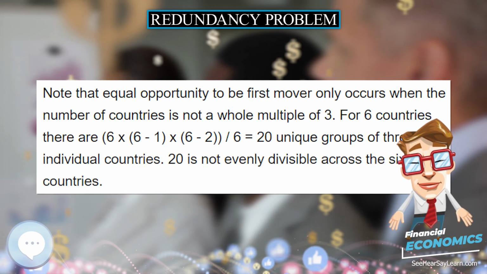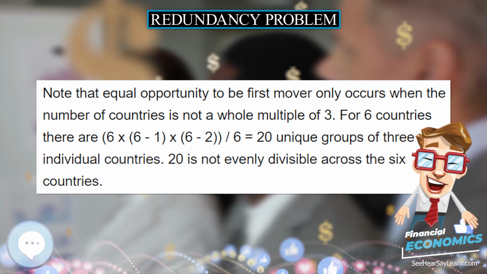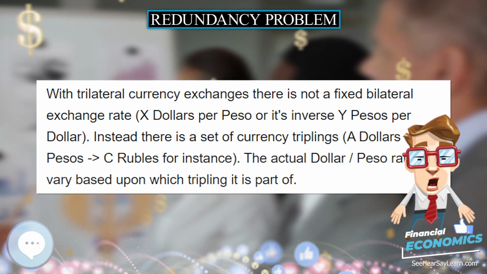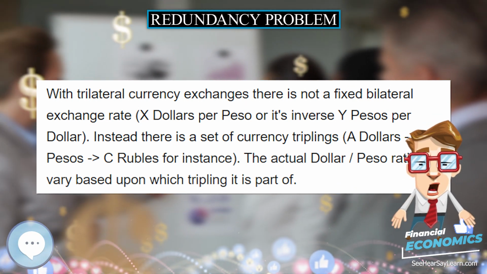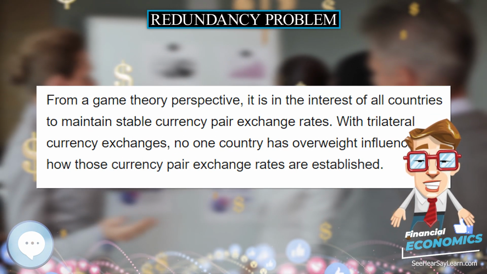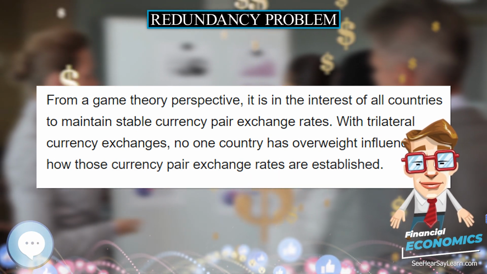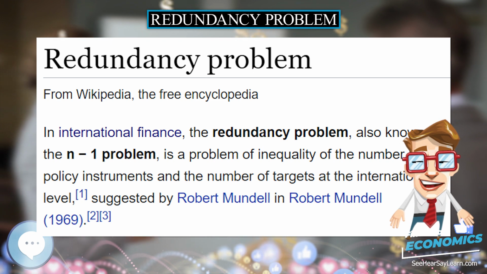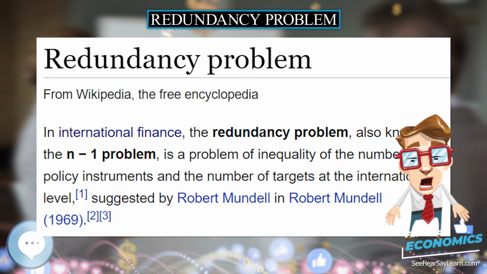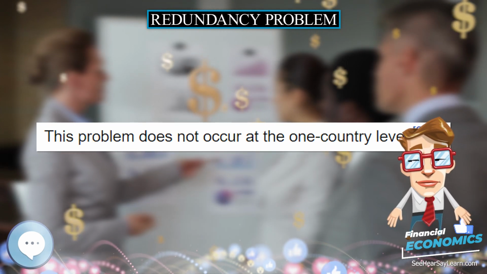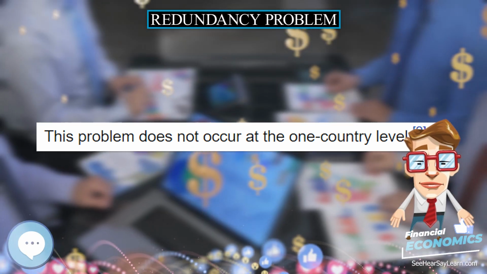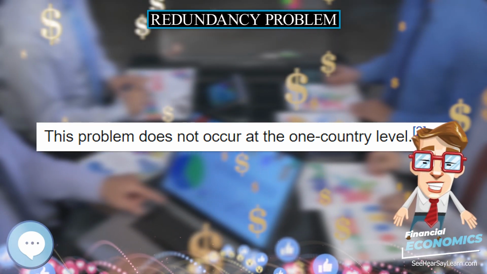With trilateral, and higher-order, currency exchanges, each country can be given an equal amount of first-mover opportunities. For instance, with 4 countries performing trilateral currency exchanges, countries A, B, C, and D, there are 4 unique groups of 3 countries: ABC, ABD, ACD, BCD.